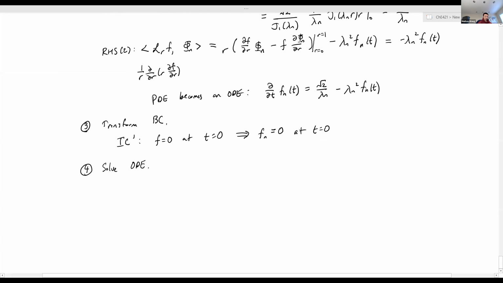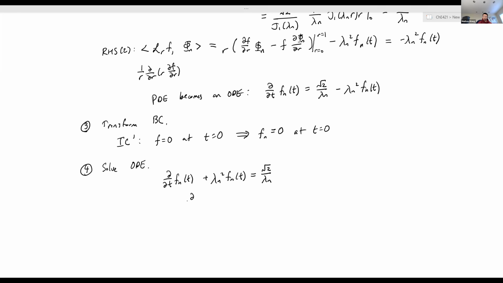And so let me go ahead and write everything in the standard form. Okay. You multiply both sides by something like e to the lambda n squared t.